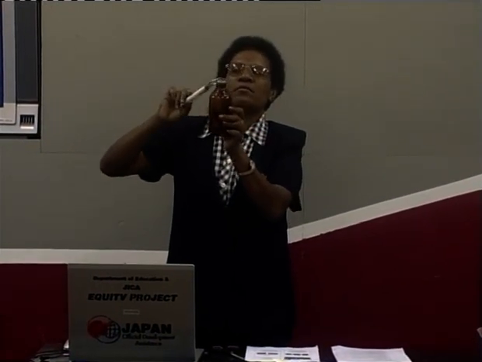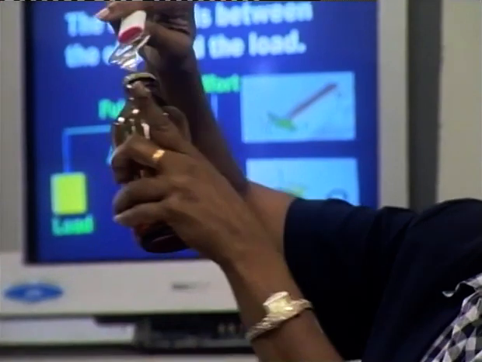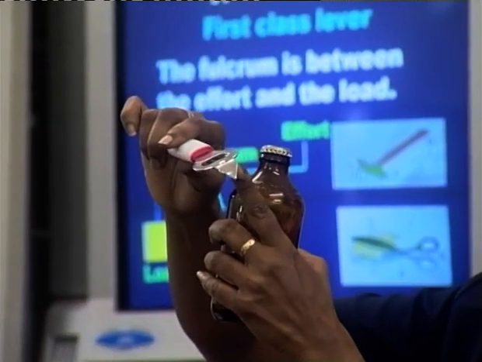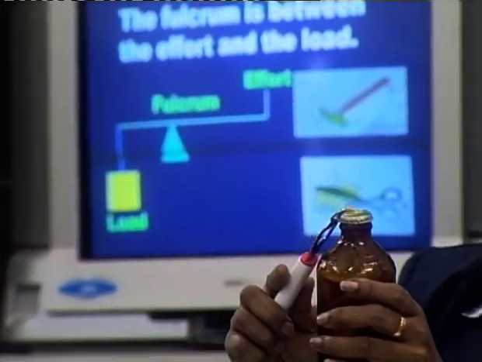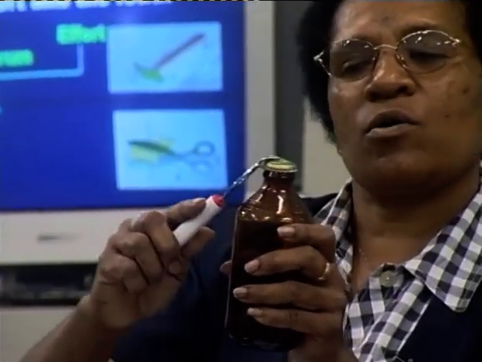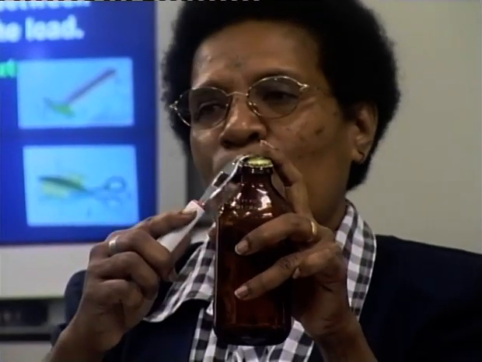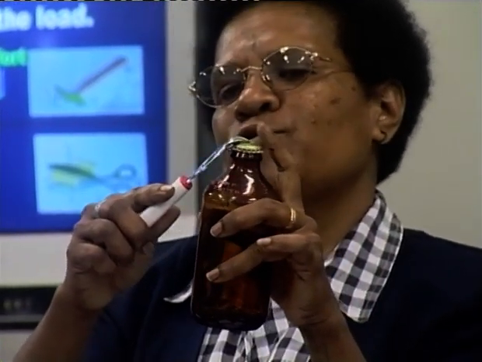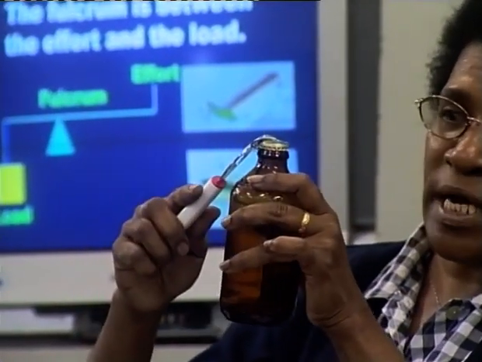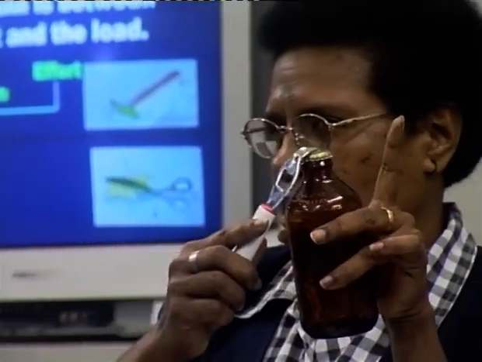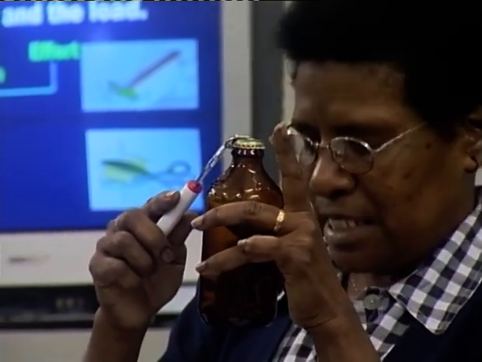Now if you look at it, the fulcrum is at the end. So the bottle opener goes between the lid and the bottle, and the fulcrum supports and helps the whole opener to open the bottle or the lid.